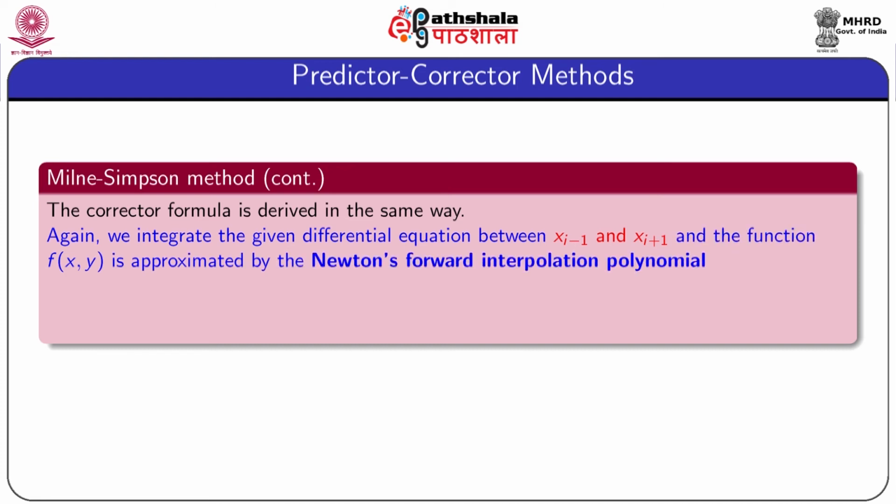And the function f(x, y) is approximated by Newton's forward interpolation polynomial, that is f(x, y) equal to f(i-1) plus u into delta f(i-1) plus u into (u minus 1) by 2 into delta squared f(i-1).